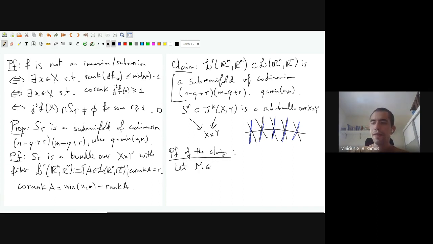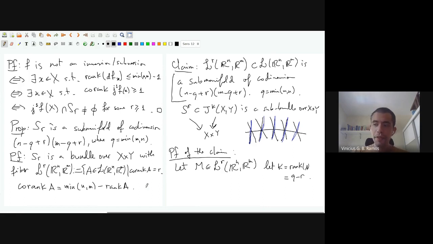I'm going to call M a matrix or linear map. Instead of calling it A, I'm going to just use M. So this is something in LR of Rn to Rm. So this is a linear transformation from Rn to Rm that has corank equal to R. And let K be the rank. So that's Q minus R. Okay.